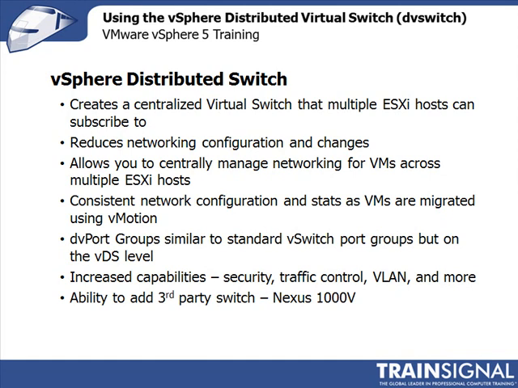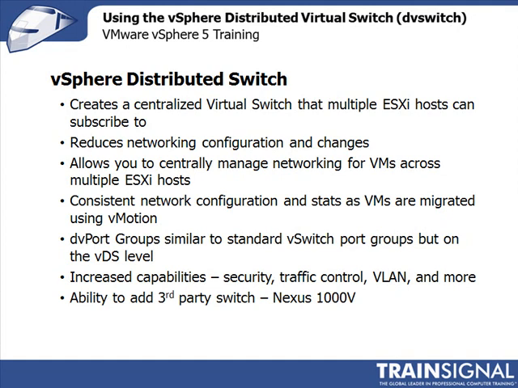Instead of making a change on each ESX host, you now make it on a centralized virtual switch, and any ESX host that is subscribed to this virtual switch gets access to the same port groups, same subnets, same networks, etc., so you don't have to make these multiple changes. You can see how this can reduce configuration and change time, because you're not having to do this multiple times. This also reduces the window of error because you're doing it once.